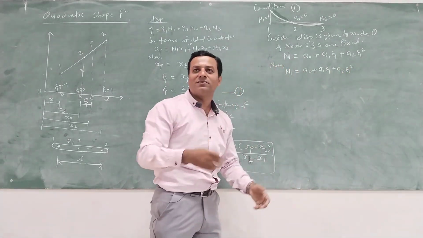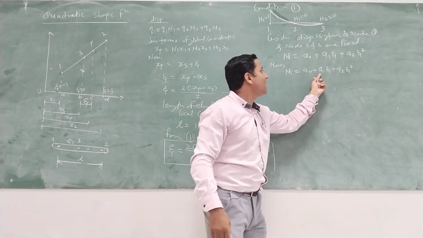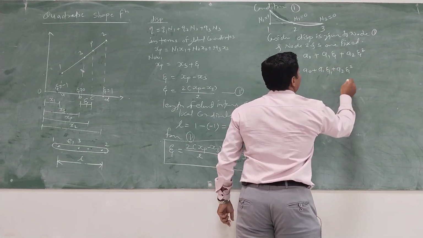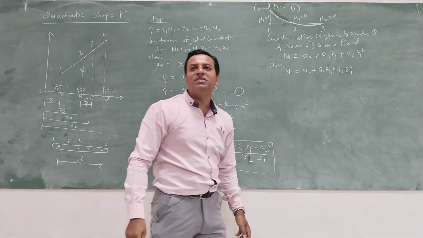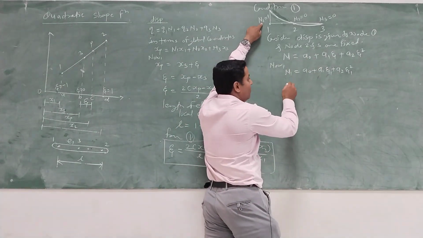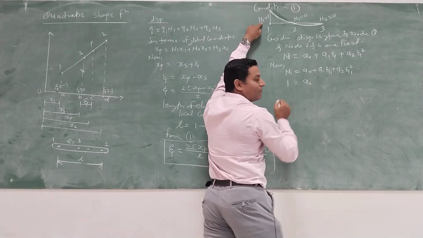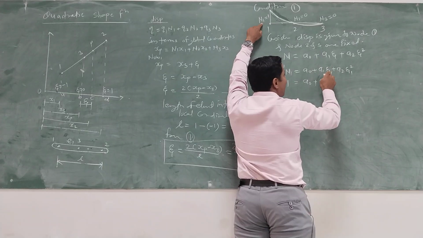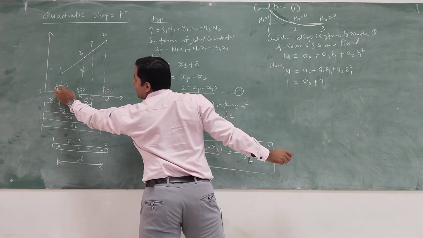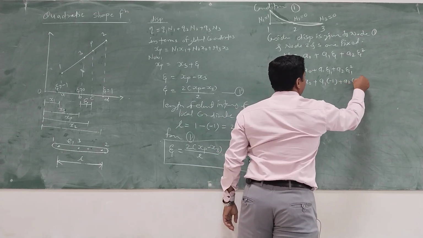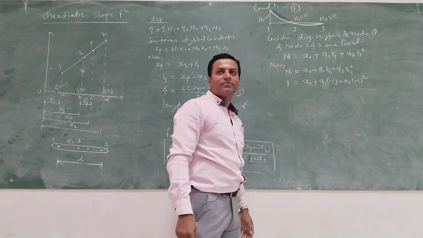Now we'll put the values. n1 आहे म्हणून सगळं zeta 1 zeta 1 zeta 1 चे येणार. ओके, सो n1 ची व्हॅल्यू काय, so 1 will be equal to A0 plus A1 into zeta of 1 minus 1 plus A2 zeta of 1 square.